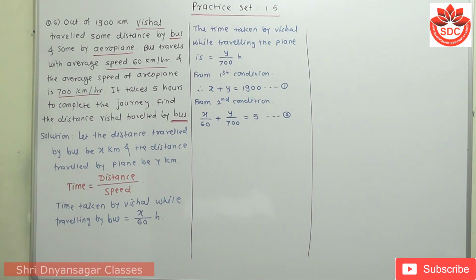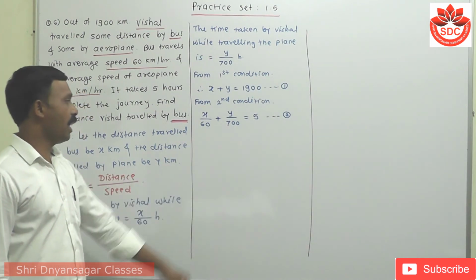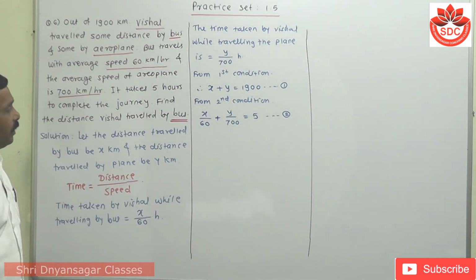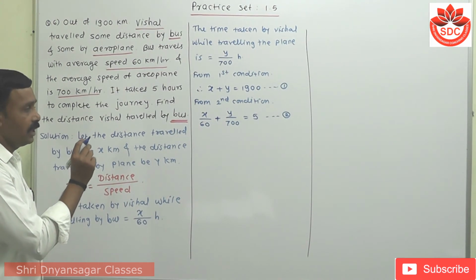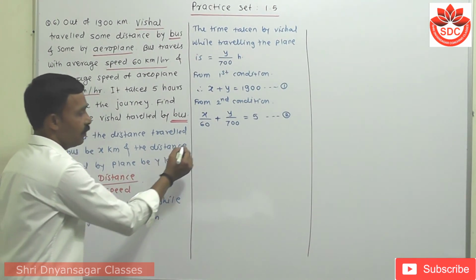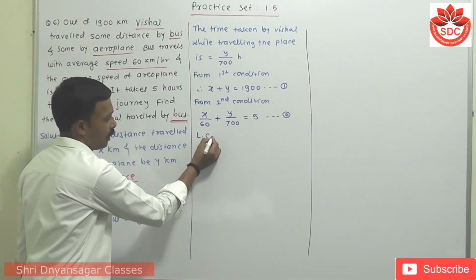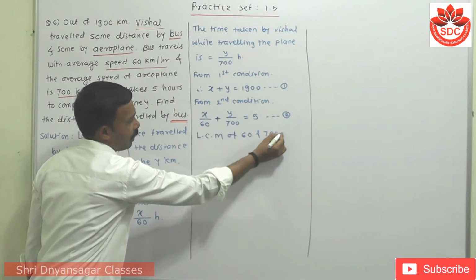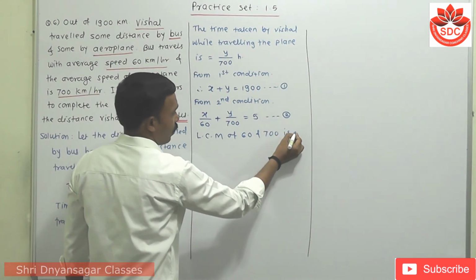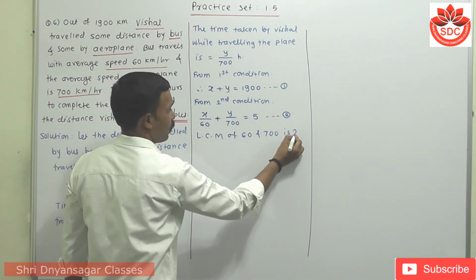Now students, we have to remove these denominators 60 and 700. For this, find the LCM of 60 and 700. The LCM of 60 and 700 is 2100.